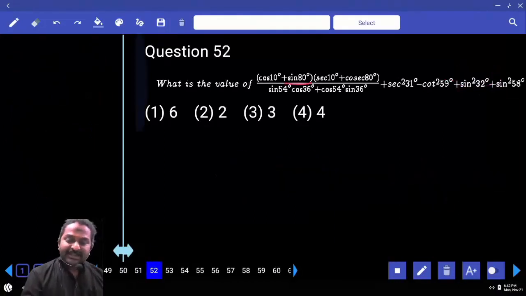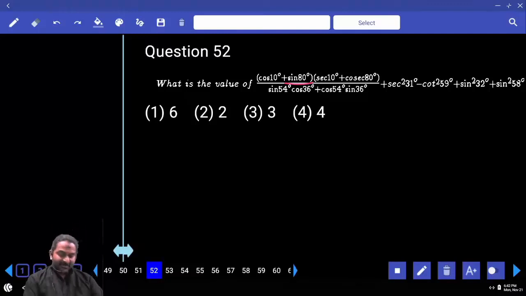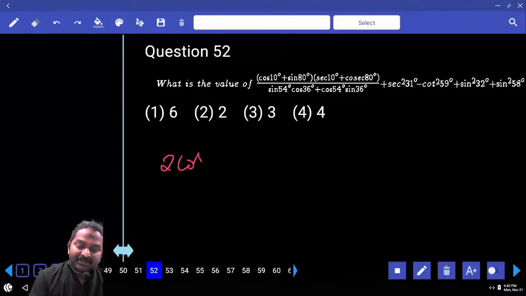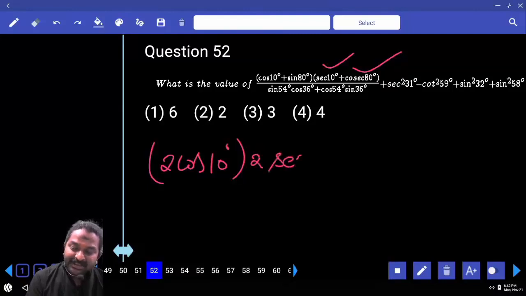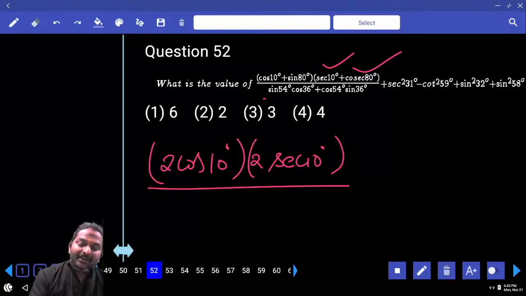Sin 80, can we write it as cos 10? Cos 10 plus cos 10, 2 cos 10 degrees into secant 10. Cosecant 80 can be written as 2 secant 10 degrees only, divided by the denominator.